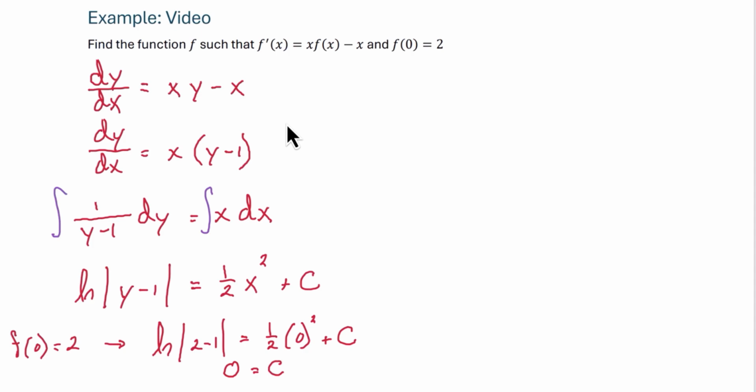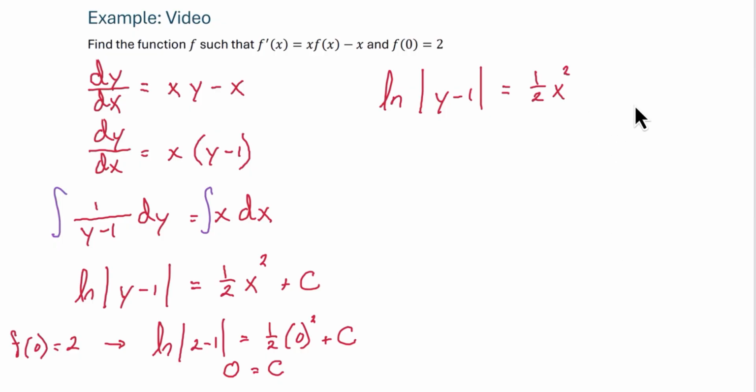We'll use that now to go back to the equation from earlier. Natural log absolute value of y minus 1 equals 1/2 x squared, and we now know that c is 0, so plus 0.